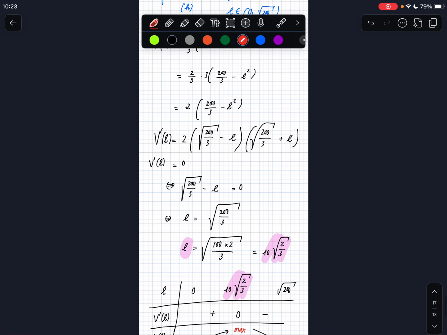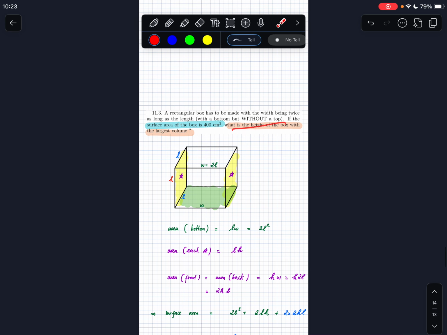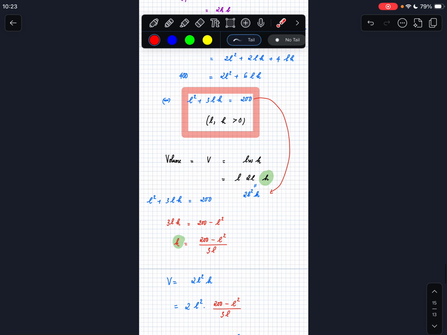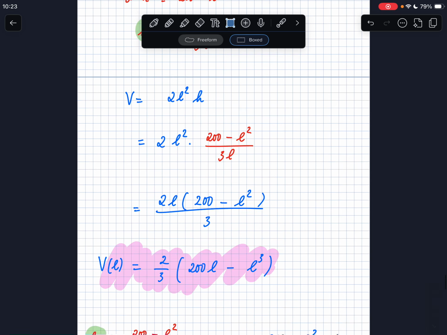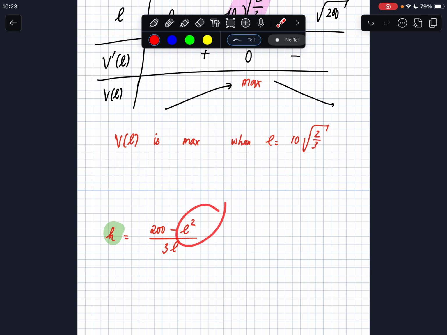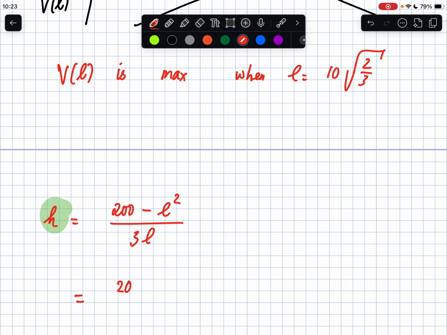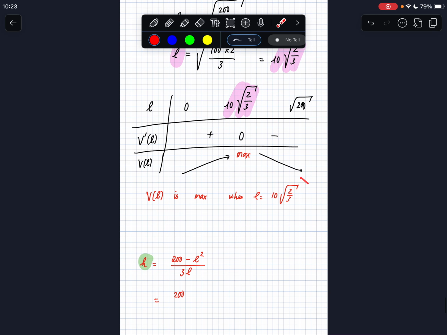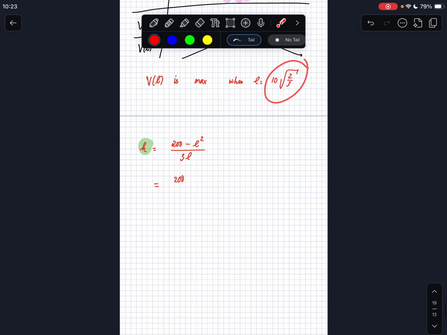They ask us to find the height, they don't ask us to find the length. So I can find the height. Height equals this formula. Length squared, this one squared, equals 200 over 3.